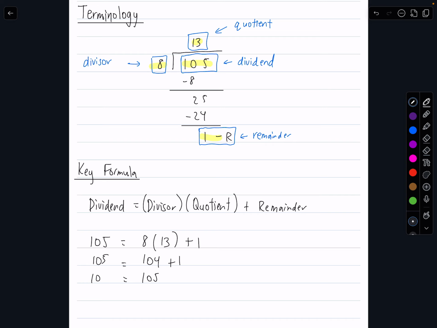As you can see, the left side equals the right side, which means that this equation holds true. This is an equation that I want you guys to copy in your notebooks because you're going to need it. So copy this.